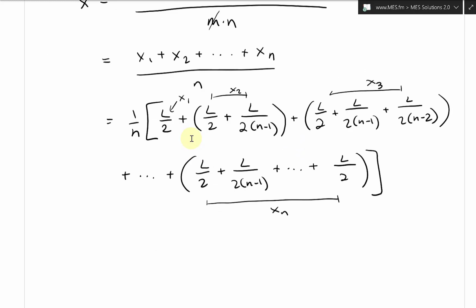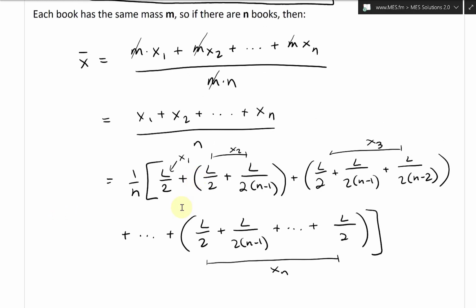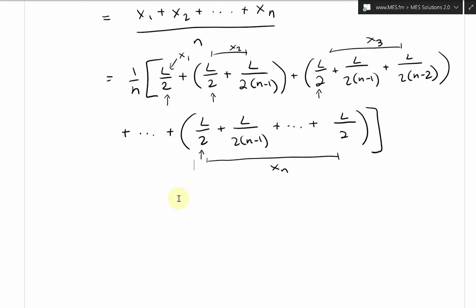Now we could start simplifying and noticing some patterns. If you look here, there's an L over 2 here, L over 2 here, L over 2 here, and all the way to L over 2. In other words, there's n times L over 2. So we could write this as 1 over n times n L over 2.